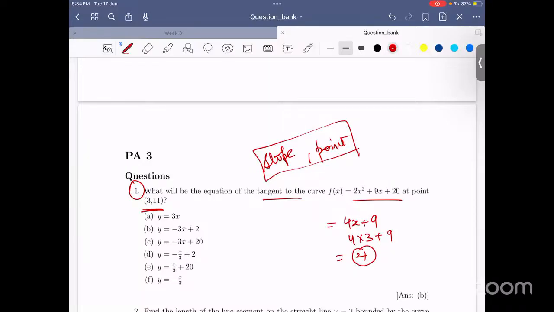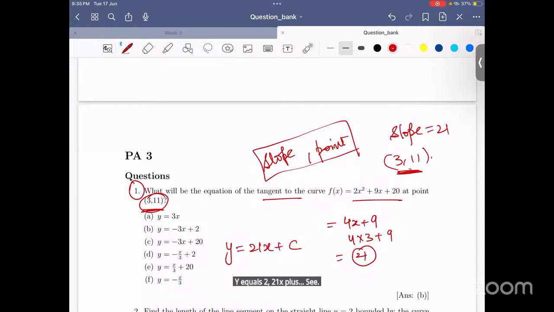Now, if you have a slope of 21, and then it should pass through (3, 11). Y equals 21x plus c.